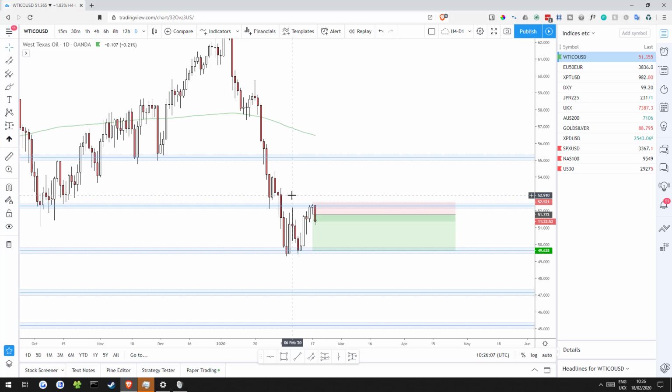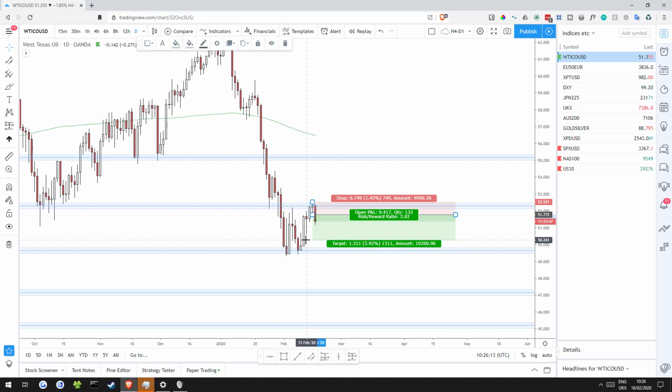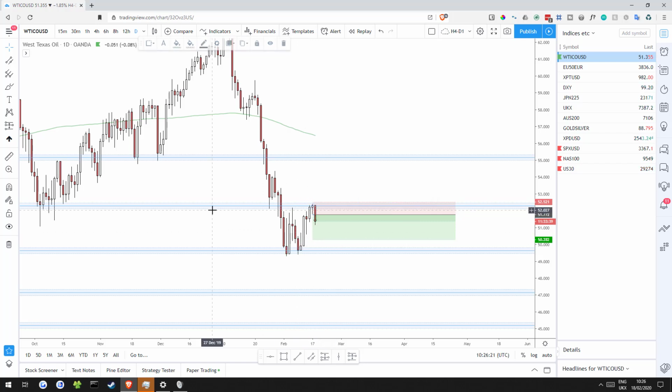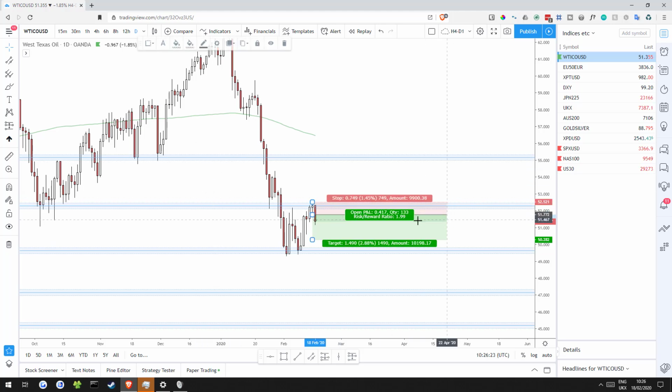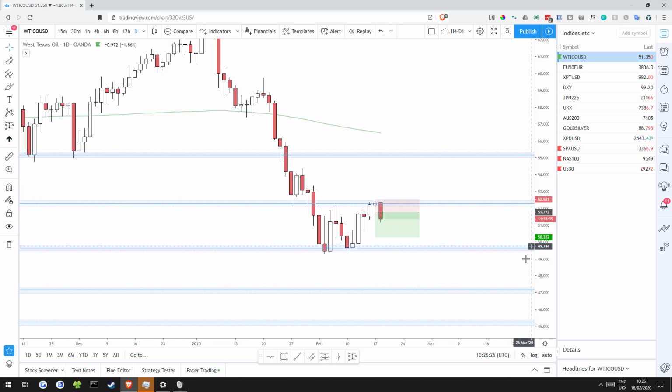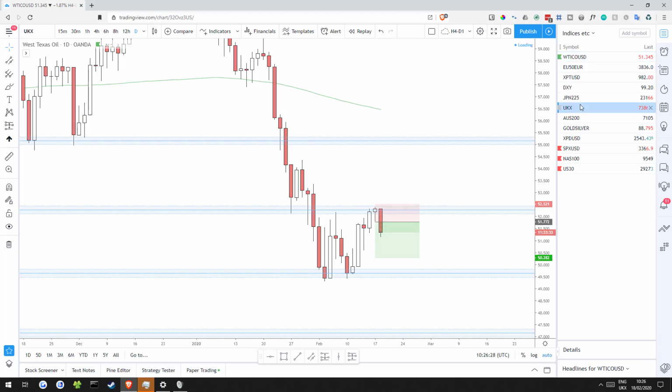So had I taken it, it would have been something like this. An entry here at the 51.76. Target would in fact be a bit tighter. So target would be around about here at the 50.28. So let's just see how this scenario would have played out had we actually entered this trade.